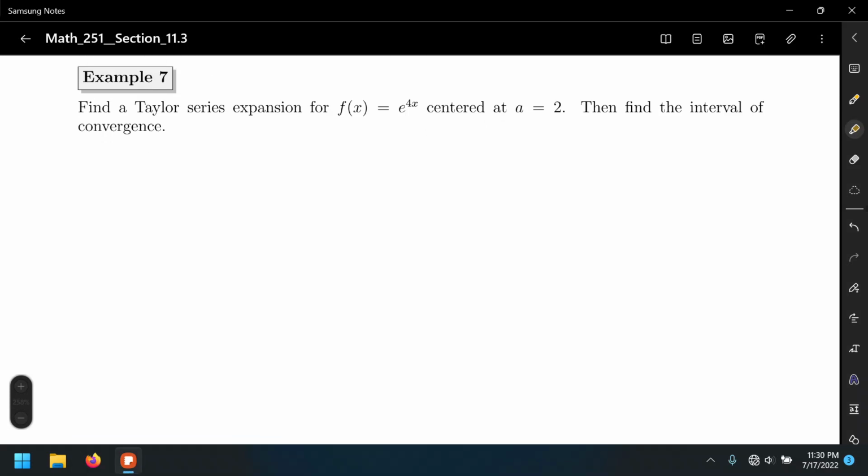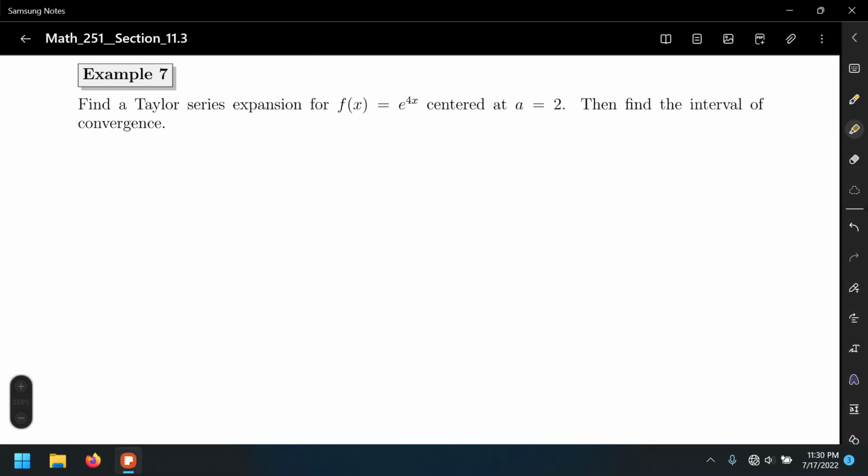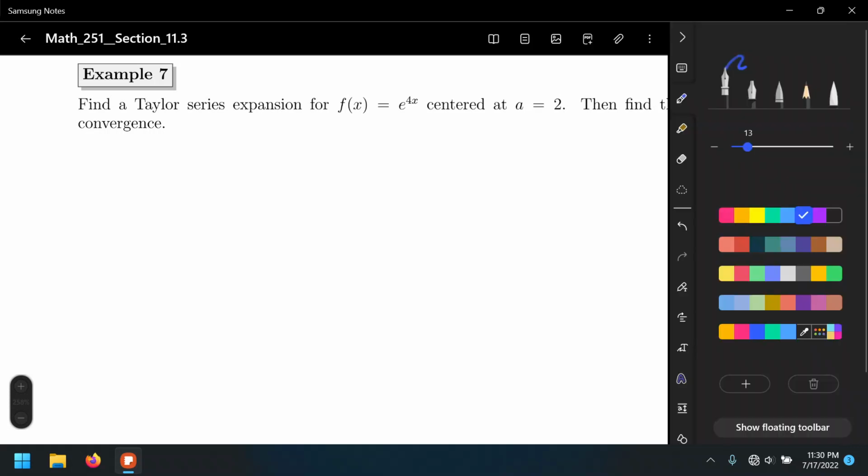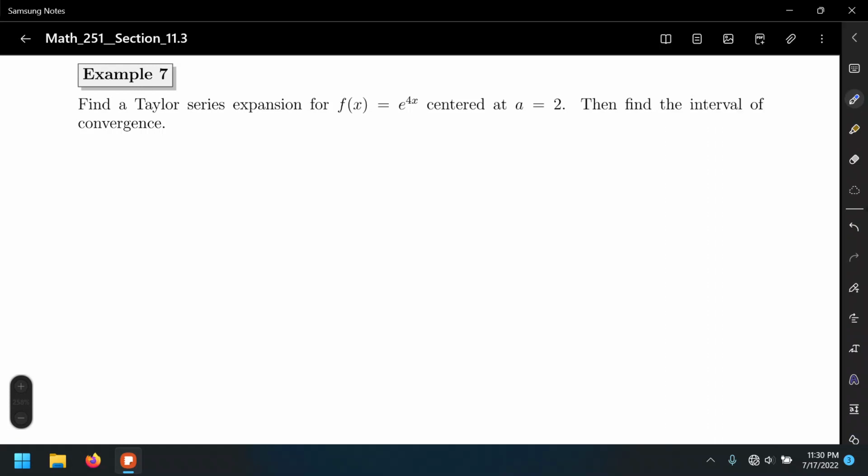All right, so let's see. Number 1, as usual, we're going to take a few derivatives. I think I'm going to take just 3 derivatives, that's enough. So f of x equals e to the 4x, and then evaluate this at 2, not at 0 but at 2.